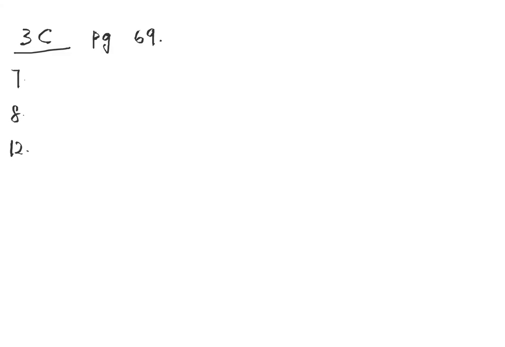3C, 7, 8, 12. The function given is an exponential times sin x, right? So your u, you can take it as 4e to the power negative x, up to you. Your v is sin x.